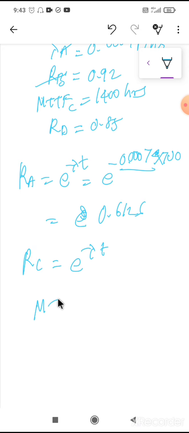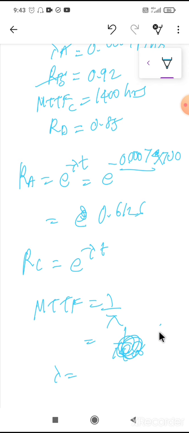Now we know that MTTF is nothing but 1 upon lambda, and we have MTTF equal to 1400. So lambda will be equal to 1 divided by 1400. This is the failure rate, that is 1 upon 1400.